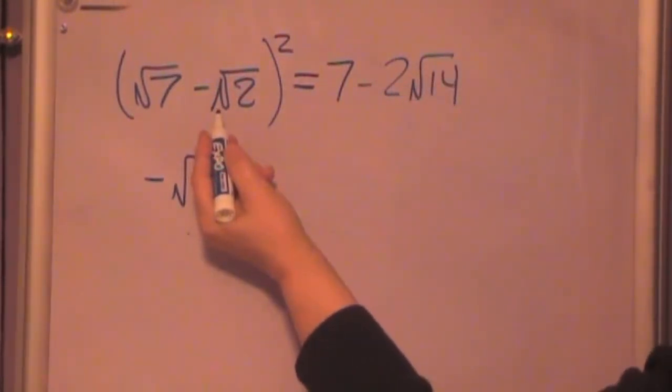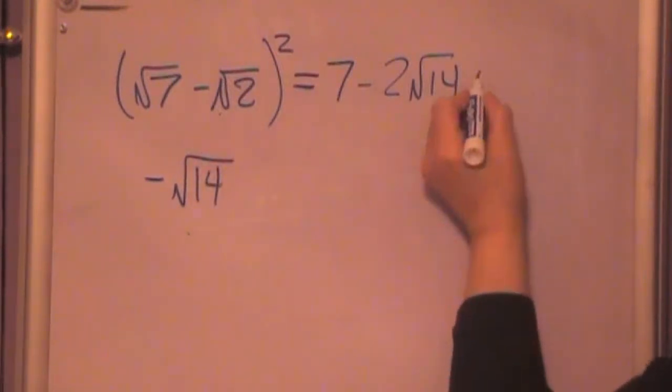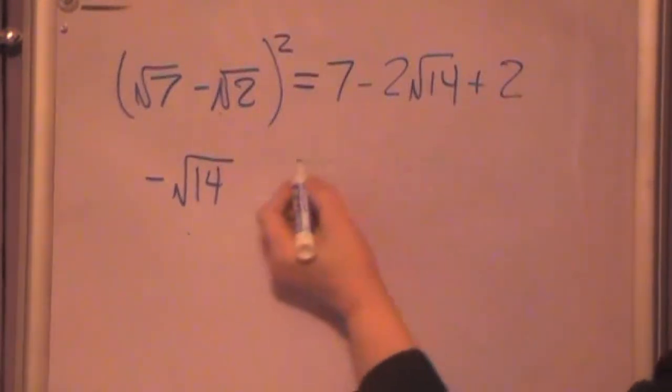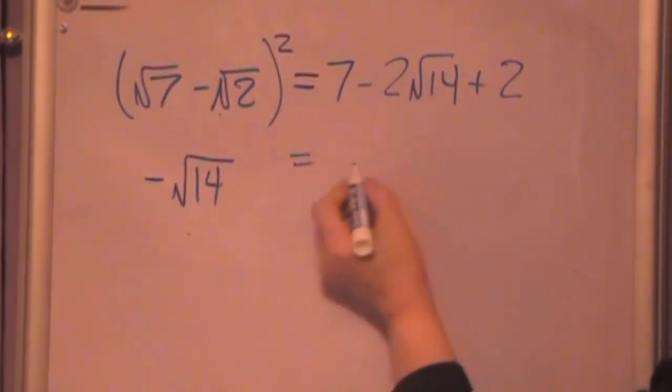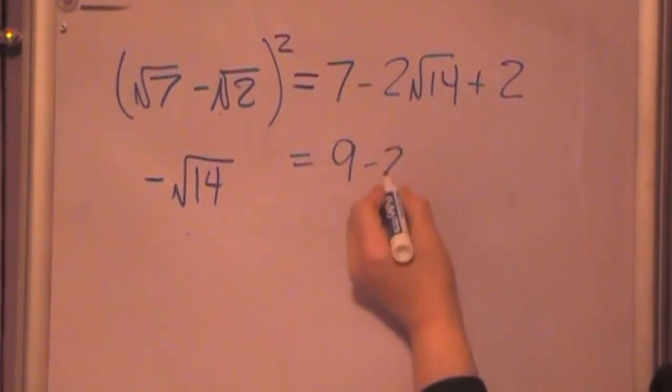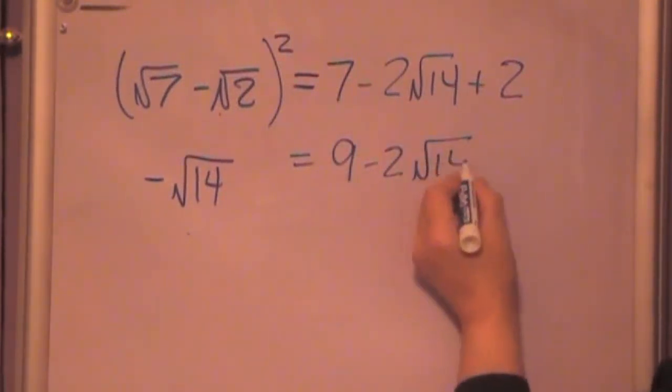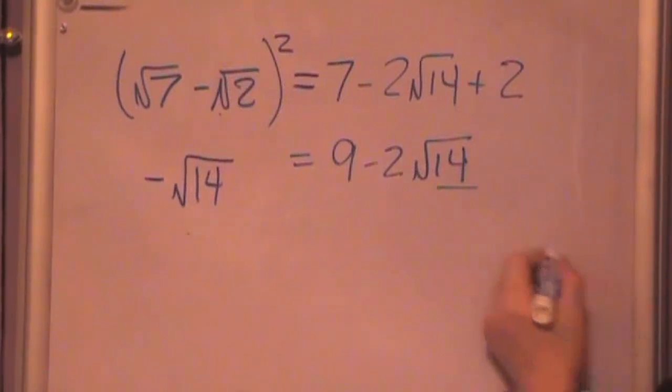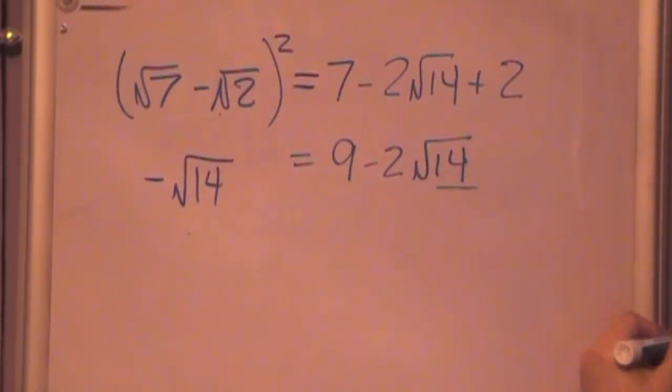And the square of the last is going to be positive 2, giving us a total of 9 minus 2 root 14. And 14 does not factor into anything that's a perfect square, so at this point you're done.